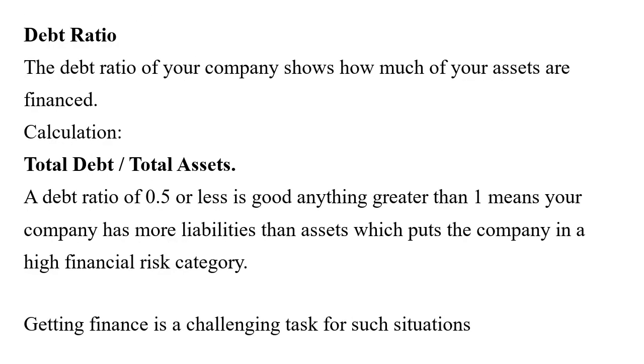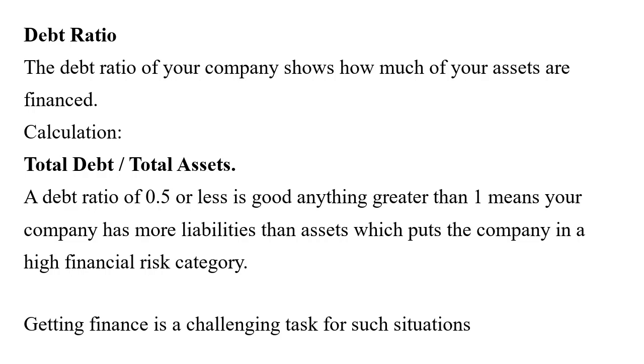Now we will see what is debt ratio. Debt ratio of your company shows how much of your assets are financed. How is this calculated? Total debt divided by total assets. A debt ratio of 0.5 or less is good.